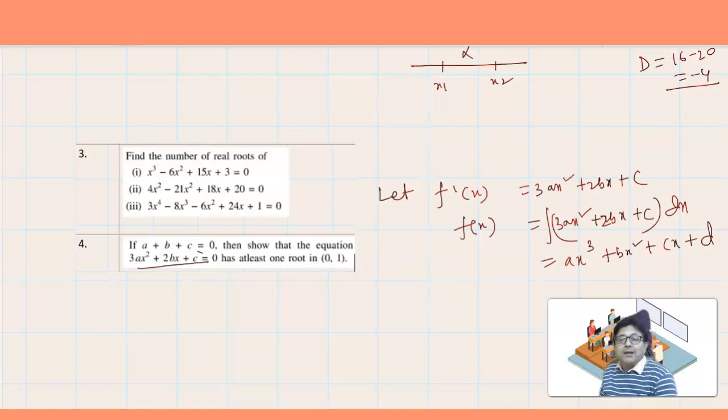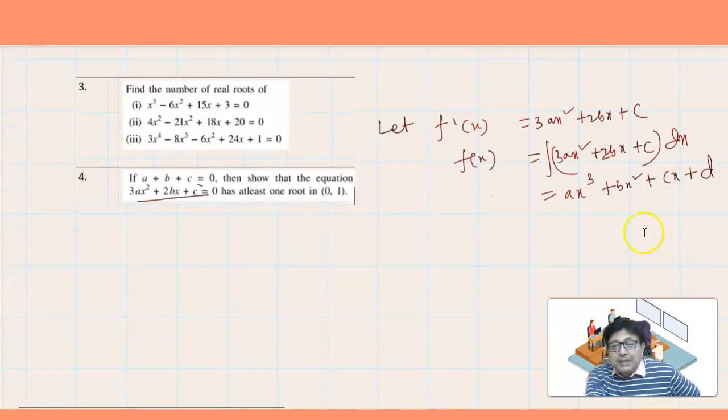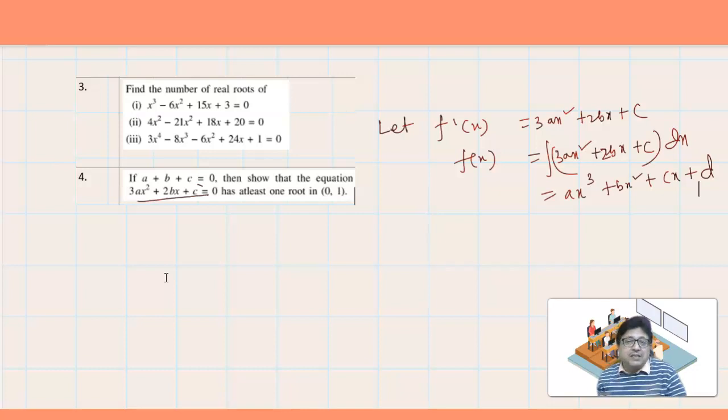Now we have to check whether we can use Rolle's theorem on this function or not. Then we can say that the derivative has a root. So the function you have taken is the integration of f'(x), that is f(x), and the interval is 0, 1.